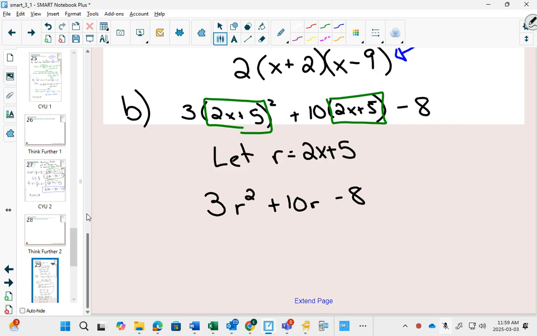No common factor here, but my first one is a 3r squared. My last one is a minus 8. Well, 3r squared, only one option, 3r and r. 8 could be 1 and 8 or 8 and 1, 2 and 4 or 4 and 2. Do you see anything that makes the 10 with the outside and the inside?